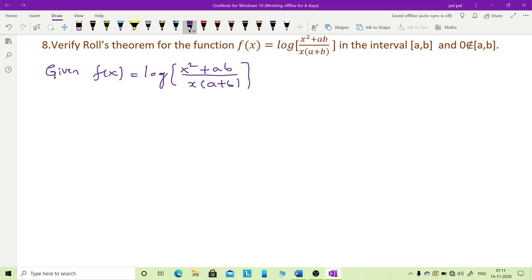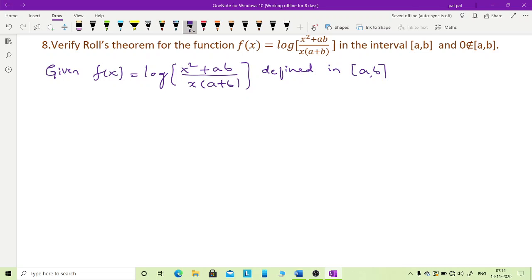This is the given function f of x. So it is defined in the interval [a, b]. a, b is the interval, and it does not consist of 0.